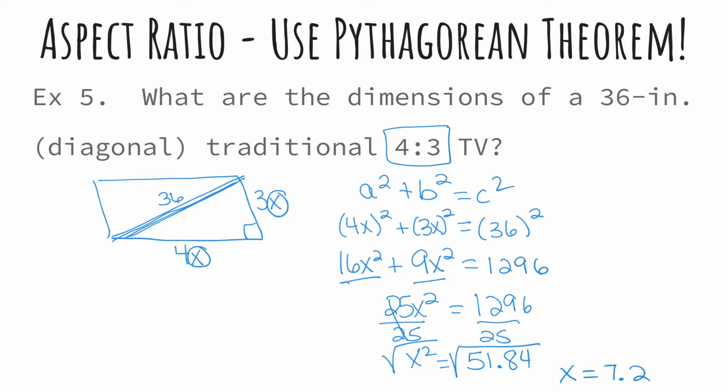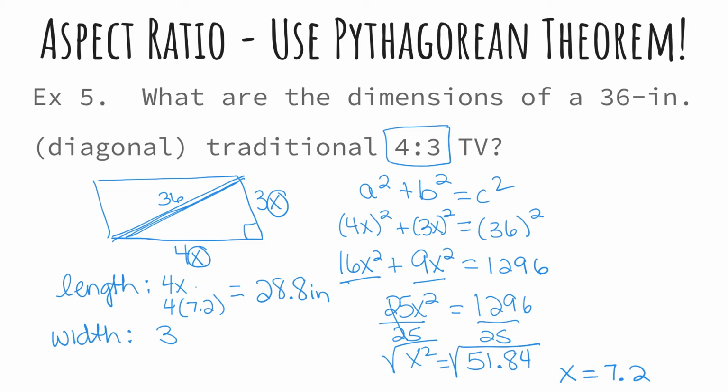So that means my length, since my length is 4x, I'm going to take 4 and multiply it by the 7.2 that I just found. And so my length is actually 28.8 inches. Your width is 3x.